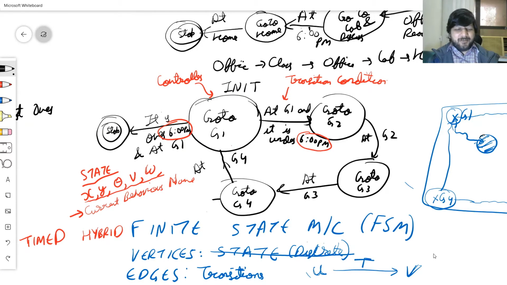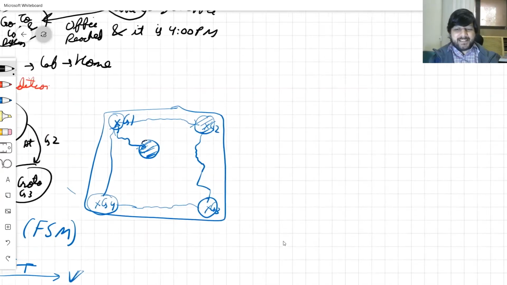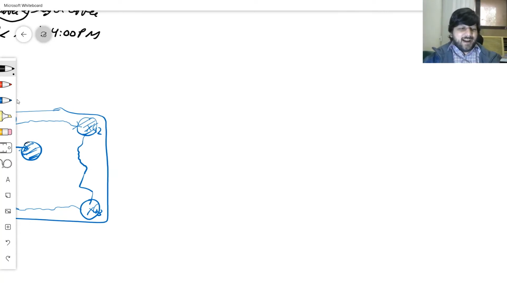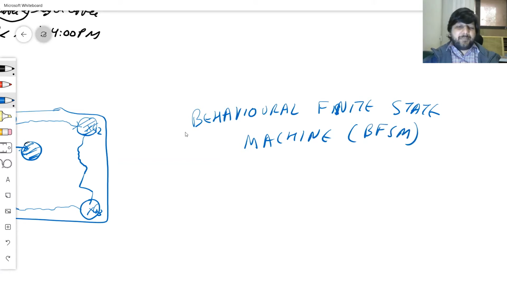Now it's a long notation, and therefore let me give it a short form. So I say that whatever graph I just drew, it's called a behavioral finite state machine, or the BFSM, where behavioral means both that it is timed and it's hybrid, and behavioral because our states are behaviors.